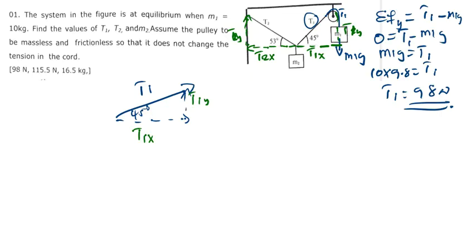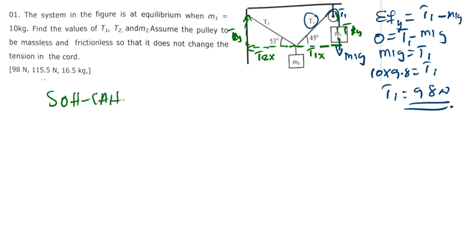Now, according to SOHCAHTOA, sine theta is opposite over hypotenuse. In that case, we can clearly see that the opposite, I'll start with T1, is T1y, and the hypotenuse is just T1.